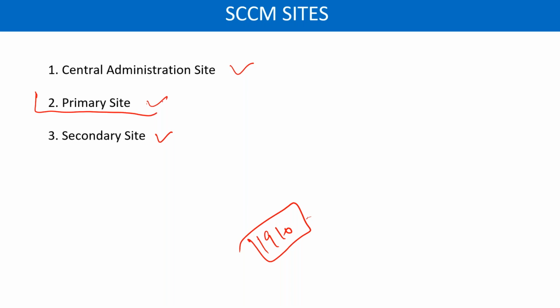The primary site is a mandatory site. You have to have a primary site. Without a primary site, you can't install, you can't manage your devices. So central is an optional site, and secondary site is an optional site, but the primary site is mandatory. You must have a primary site to manage your devices. We'll talk about these sites later on.